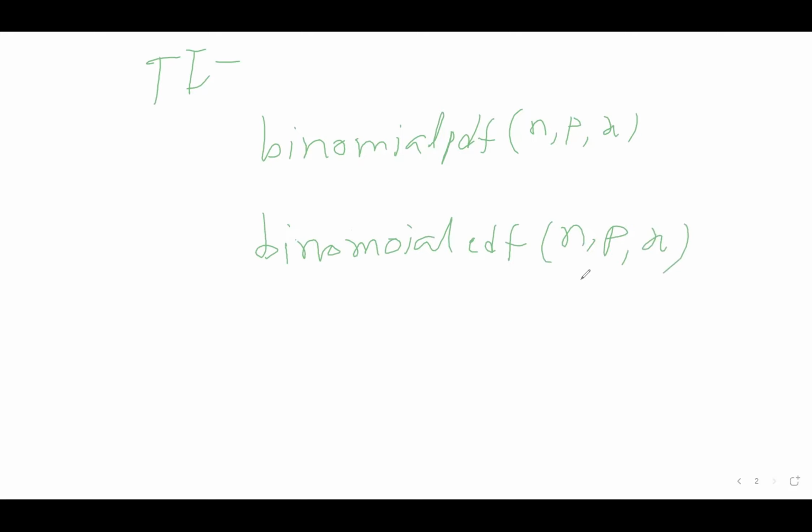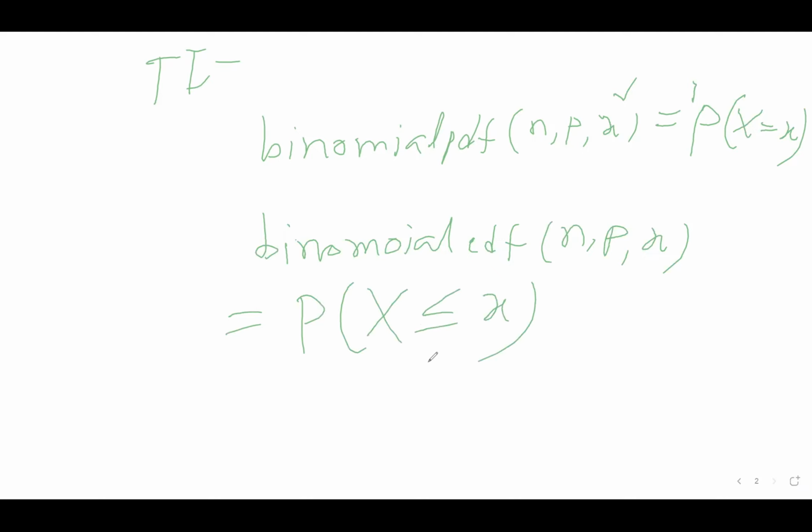What is the difference between these two? This one means the probability of X equal to small x, that is, exactly that number. But CDF means cumulative probability, so this represents the probability of X less than or equal to this number.